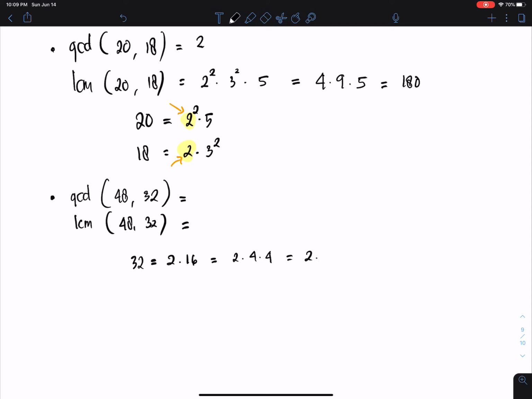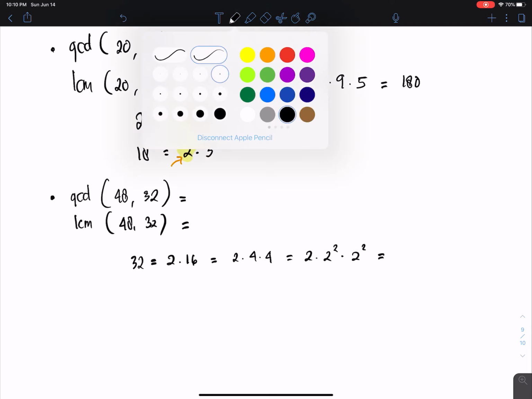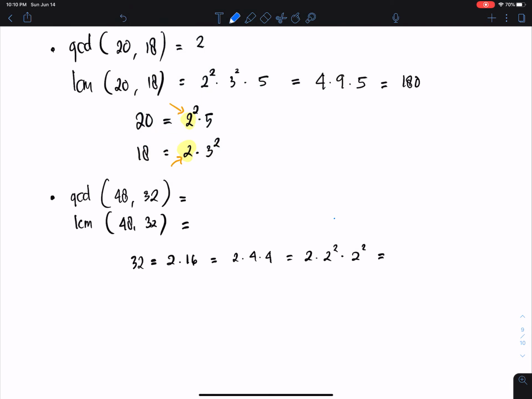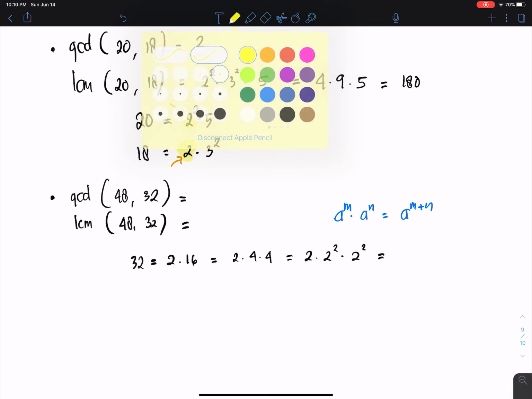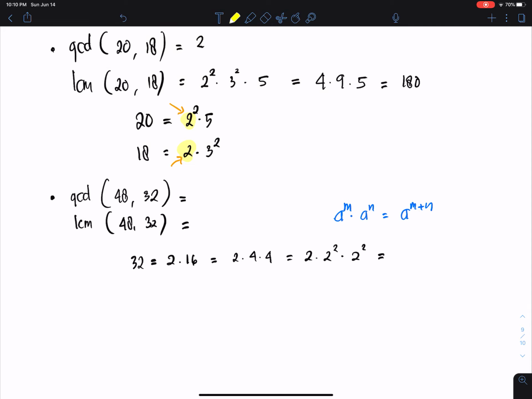So here we have 2, 4 is 2 to the power of 2, and another 4 is 2 to the power of 2. So this is exponential, 2, 2, 2, 2. Remember the rule of exponents: a to the power of m times a to the power of n is a to the power of m plus n. So here we have 2, 2, 2. We total up the power, that will be 2 to the power of 5.